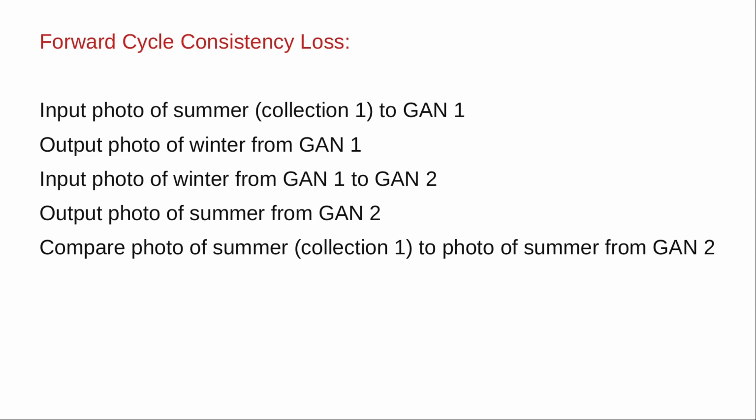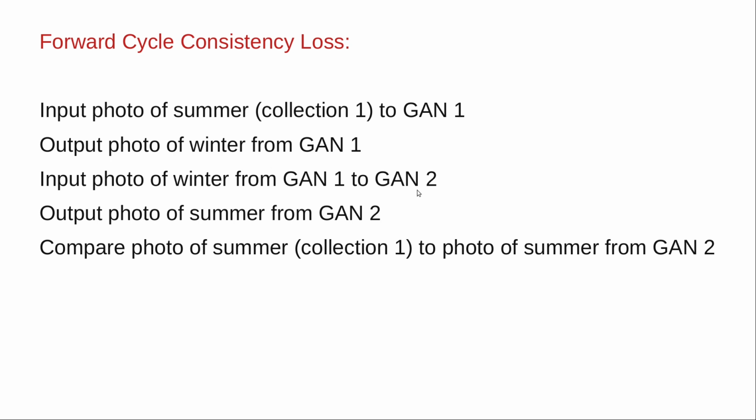Just another example of forward cycle consistency loss while translating summer images to winter images with CycleGAN. So first step, input photos of summer to GAN1, then the output of GAN1 will be winter images. Then take those winter images and pass them as input to GAN2.